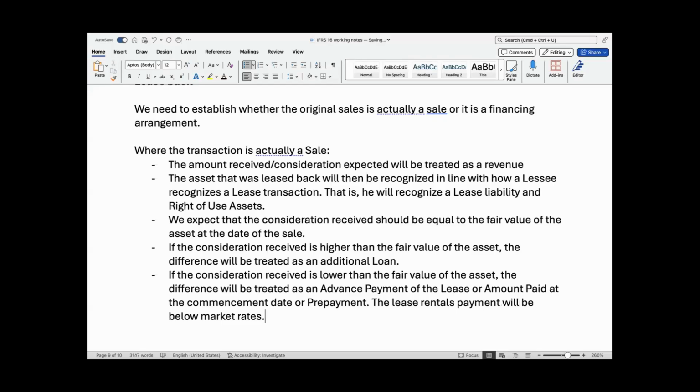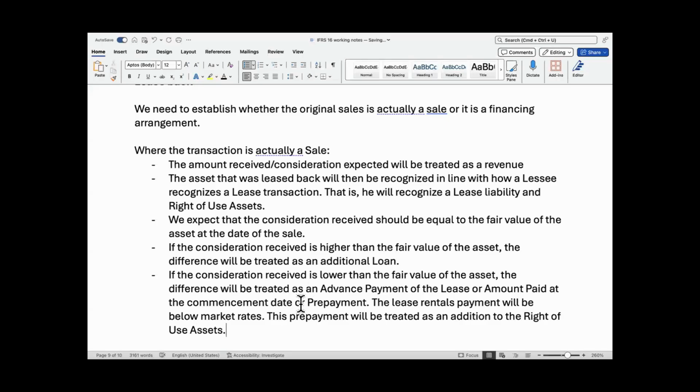So that means they will not help you reduce the lease rental that you want to pay later, just because you have accepted to receive a lower amount. You see, this prepayment will be treated as an addition to the right of use assets.